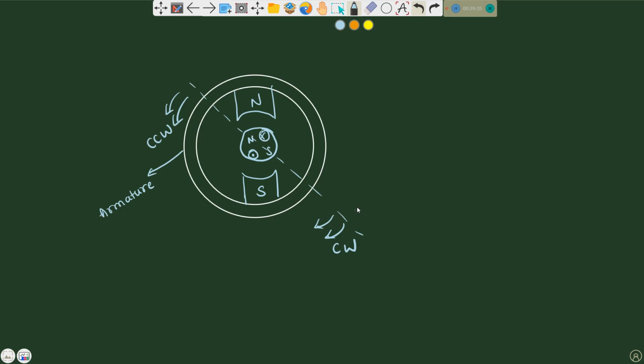What is it? The rotation of magnetic poles is rotating in what? Clockwise direction. Construction details and all we'll see in the next class.